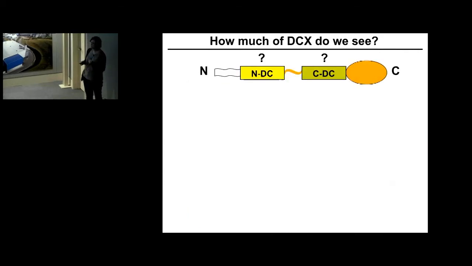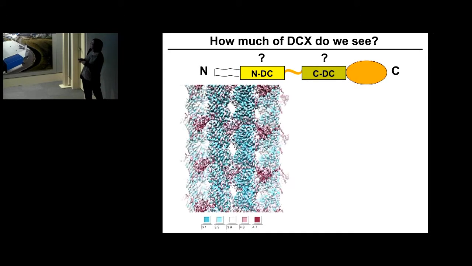The other question that we've been struggling with for quite some time, and which you will probably have spotted in the course of looking at the structures that I've already shown you, is that the density that we see for Doublecortin on the microtubule lattice corresponds only to a single DC domain. You'll see that the resolution in our reconstructions is quite a bit worse in the Doublecortin region compared to the tubulin portion of the reconstruction.